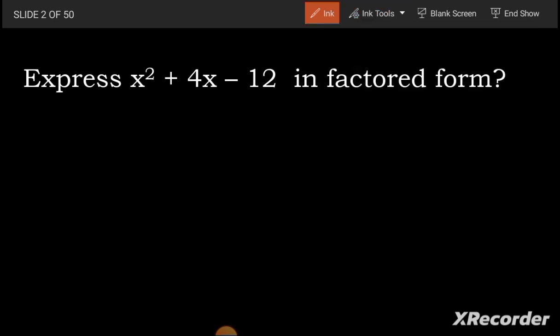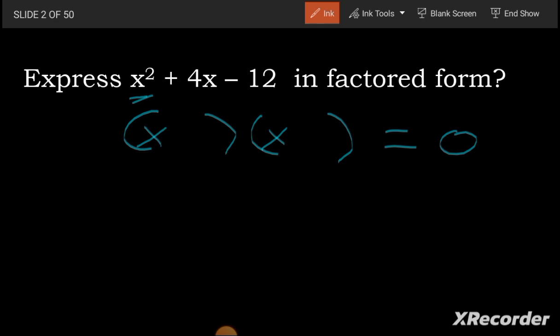So we have to factor this as the product of two binomials, where the factors of x squared are x and x, and the factors of negative 12, the constant term. So think of the factors of negative 12 such that if you add those two factors, the sum is positive 4. So let's try positive 6 and negative 2.